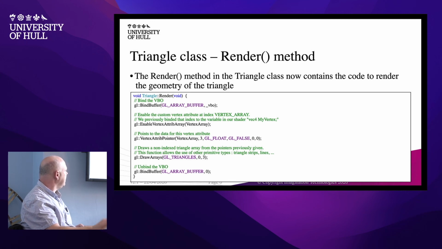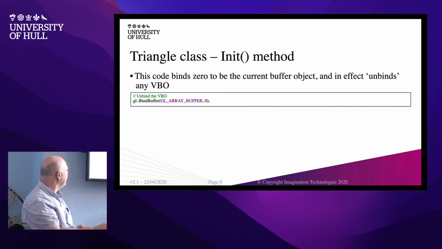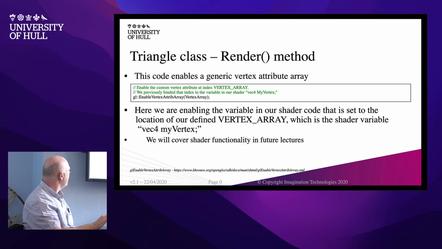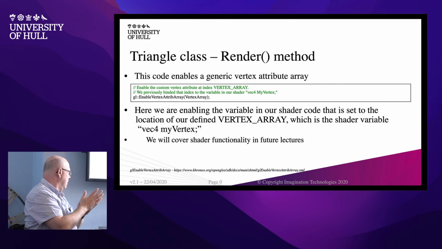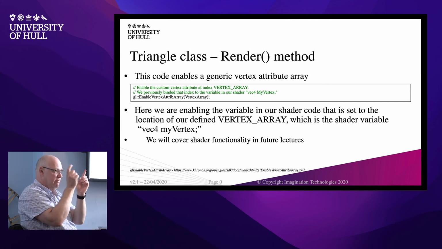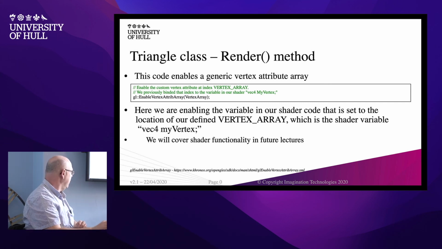And then finally, we just need to figure out how do we render it. So this is what you need in your triangle class. The first line is to say we want to use that VBO that we've created. We need to switch on, in our shader code, if you remember, we've got this my vertex, which is the positional information directly in the shader code.